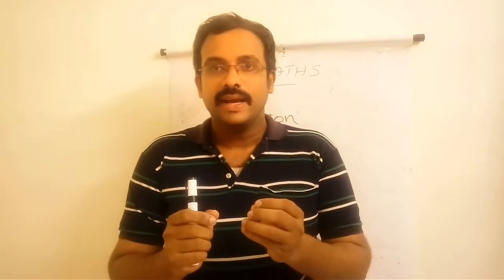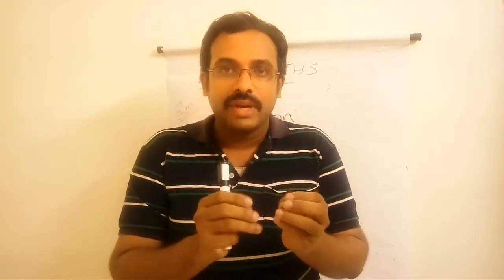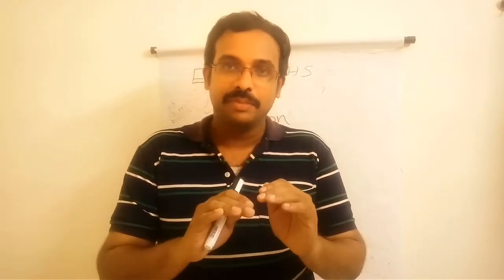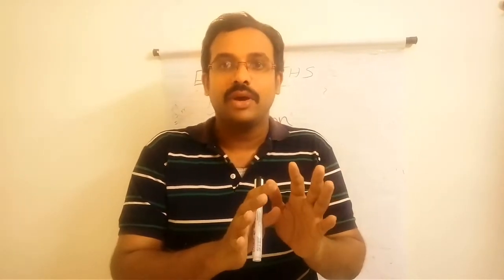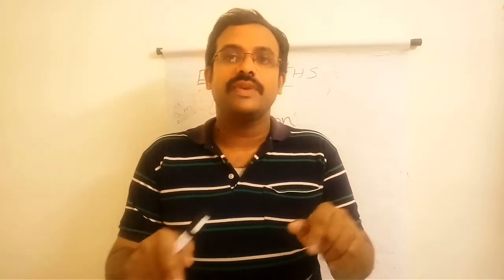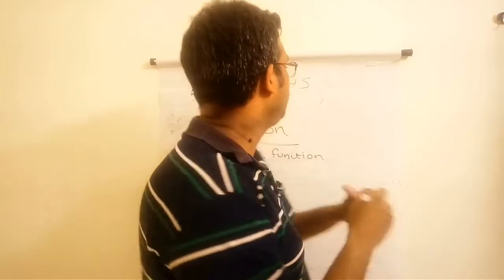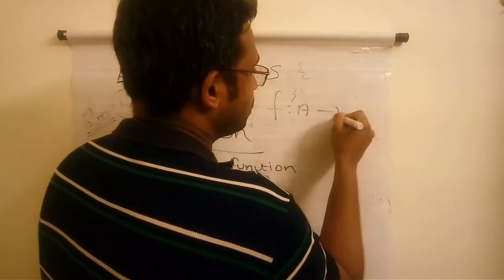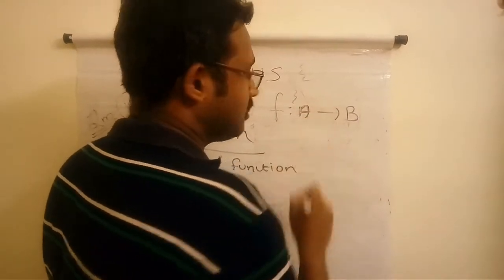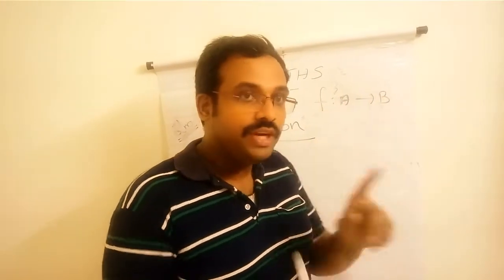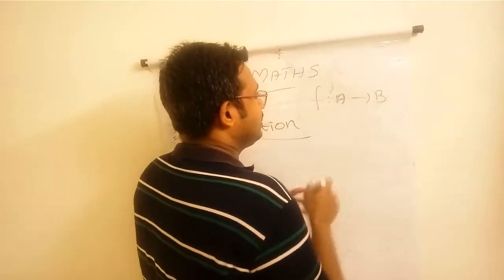A function is a mapping from a set to another set. Function means it is actually a mapping of two different sets. If f is a function from A to B, we usually denote it like this.